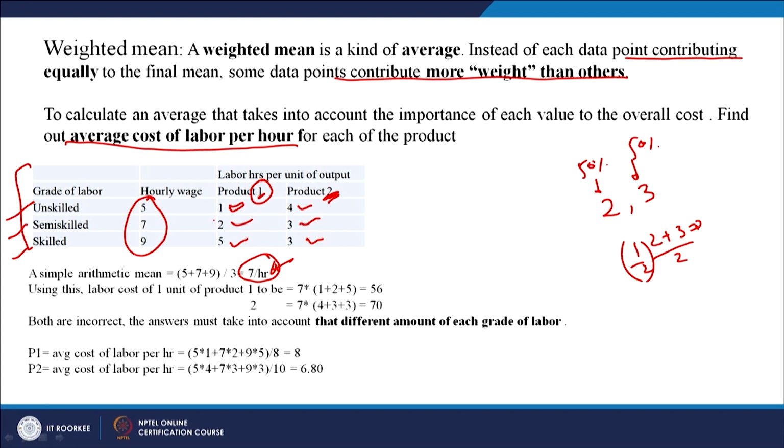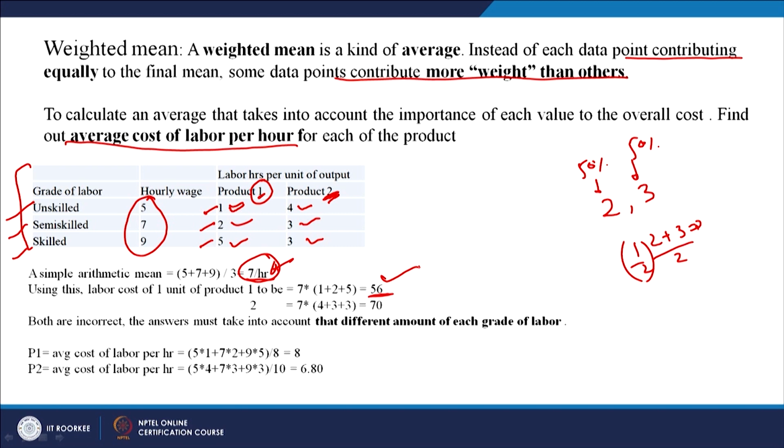Total hours 8 hours, right, 1 plus 2 plus 5. So, total hours required to make 1 unit of product 1 is 8. The labor cost is rupees 7 per hour. So, the total cost would be 7 into 8, 56.